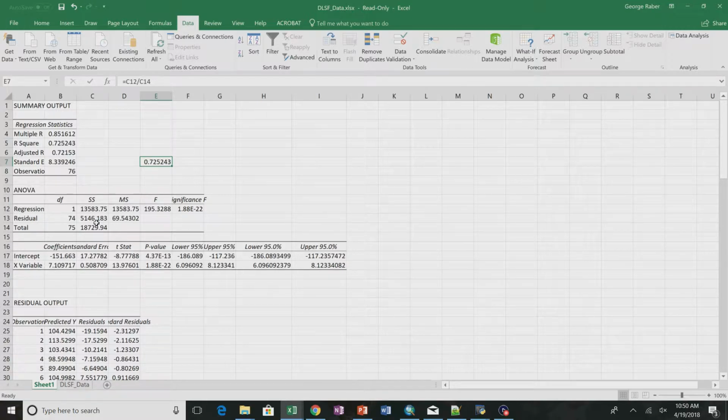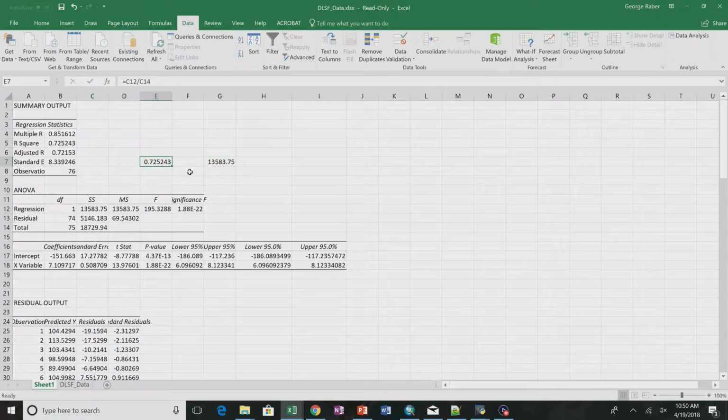And this number is just the total variance minus the unexplained variance, which gives us the explained variance. I can show you. Equals this minus this. See how that number and this number are the same? Okay?